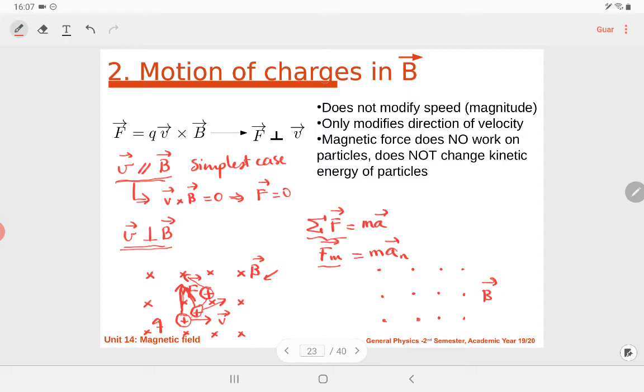This ends up providing a circular path where the magnitude of the speed is constant, and you're just changing the direction.